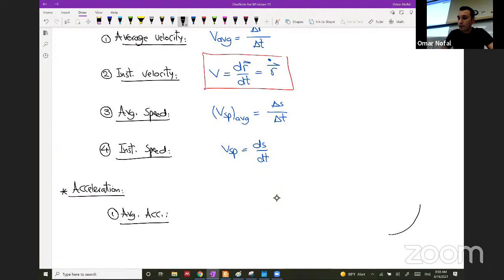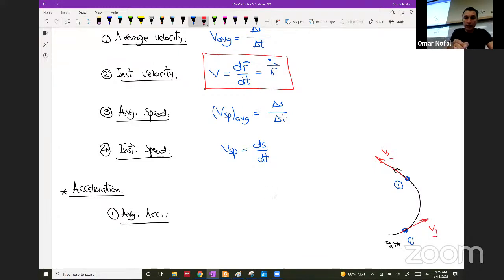Let's assume that this is our path, and here is position 1 for our particle, and this is position 2 of our particle. The velocity is always tangential to the curved path. So this should be v1, and this should be v2. In all cases, linear or curvilinear motion, the velocity is always tangential to the path of motion. So we have v1 here and v2 here.